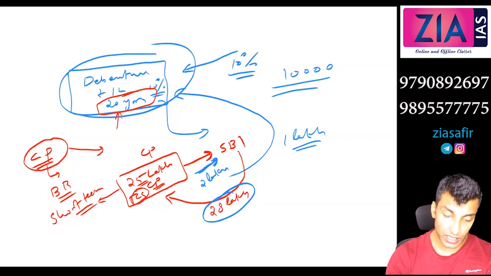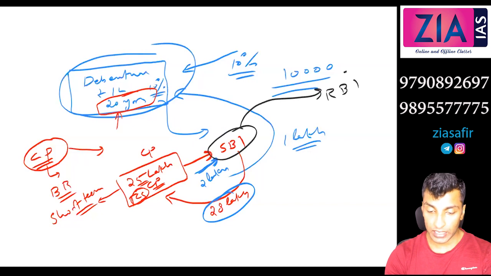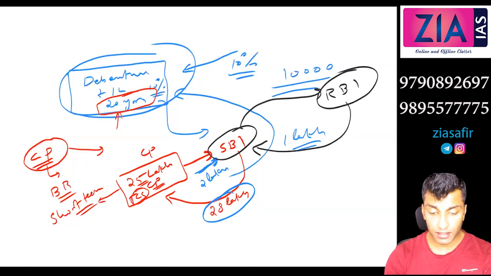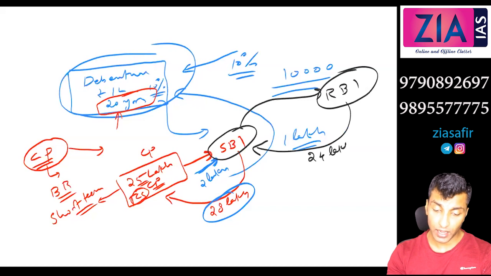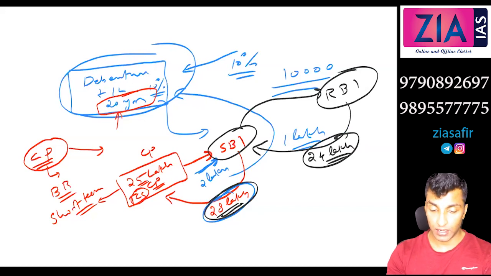This commercial paper, SBI can pledge with RBI, and under bank rate SBI can get money from RBI. So RBI can give around 24 lakhs etc. Bank rate will anyway be less than this interest rate, no?